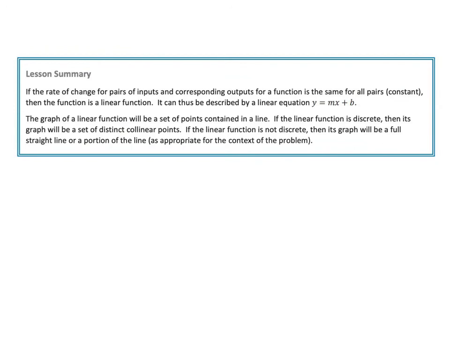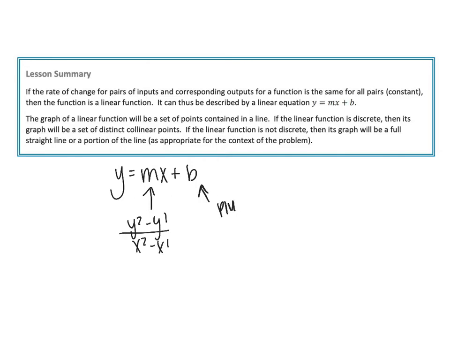All right, our lesson summary today is that we are basically writing equations in form of y equals mx plus b, where we find our m by doing y2 minus y1 over x2 minus x1, and we find our b by plugging in values from our table.